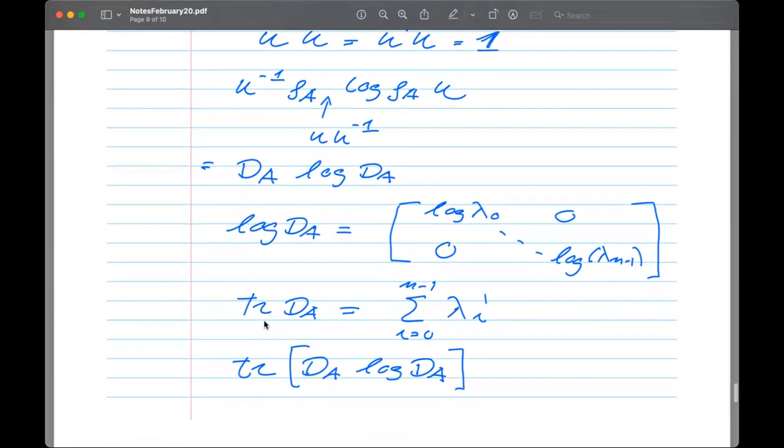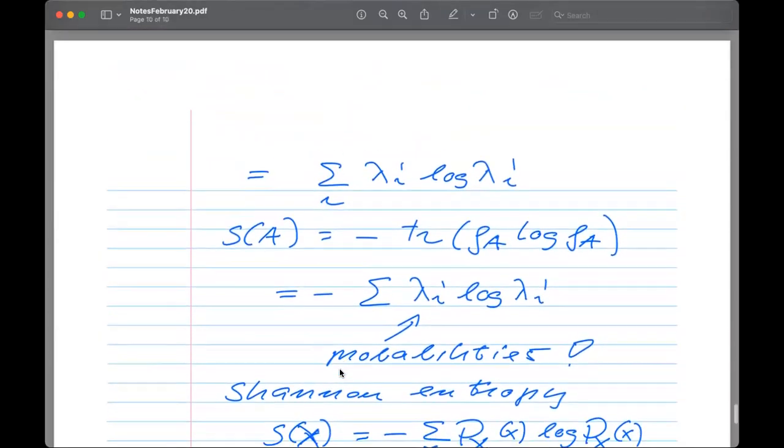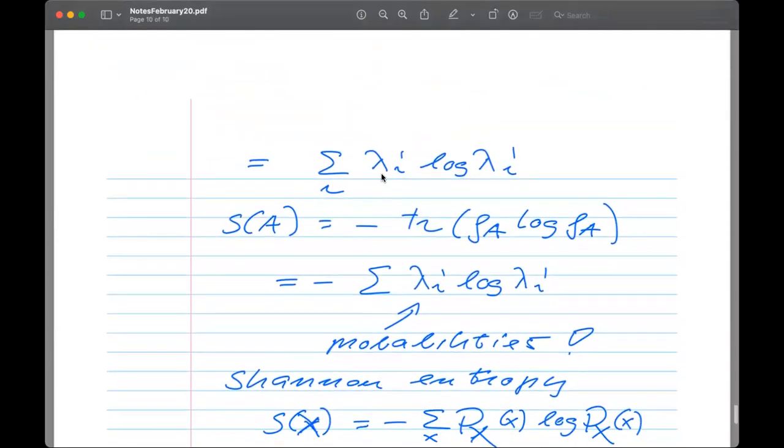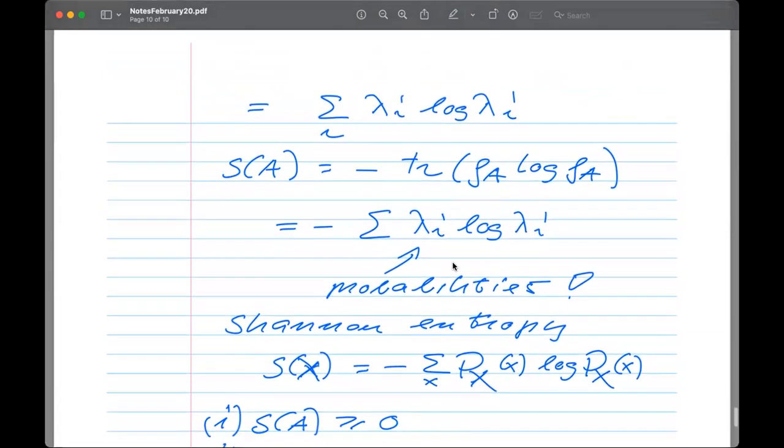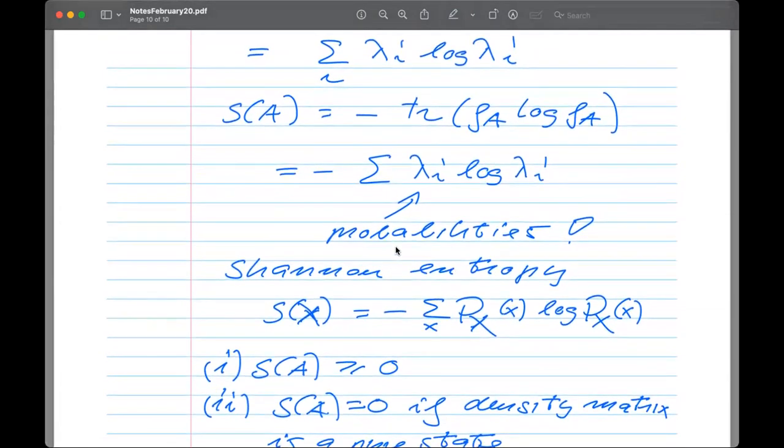So when I take the trace of the transformed matrix, because the matrix is diagonalizable, I can rewrite my trace as the sum over the eigenvalues, which are the probabilities, times the log of the eigenvalues, again the probabilities. And this gives us the equation here, which is the quantum mechanical analog to the classical Shannon entropy, where you have the probabilities and the log of the probabilities, and we have the same here.